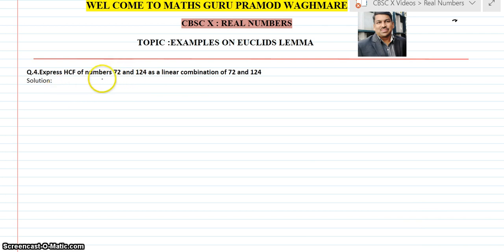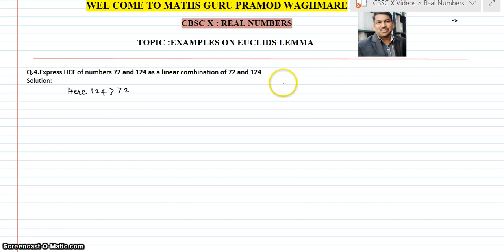As 124 is greater than 72, we divide to find the HCF. We divide 124 by 72, then find Q and R and express 124 using Euclid's lemma.